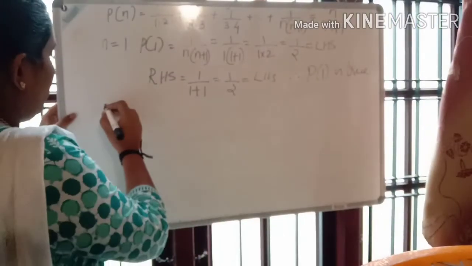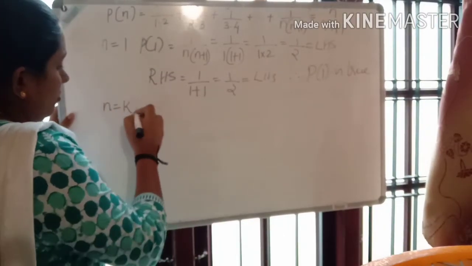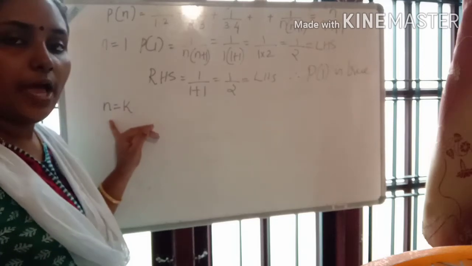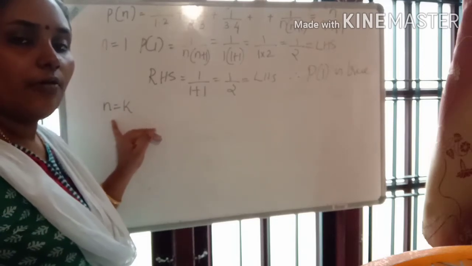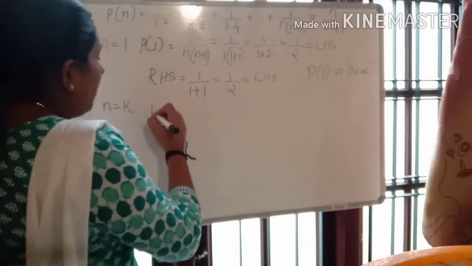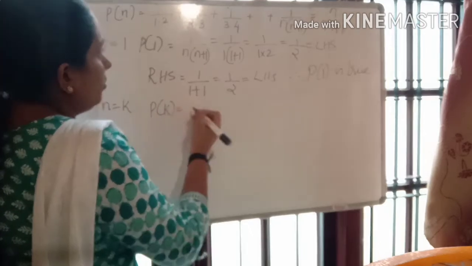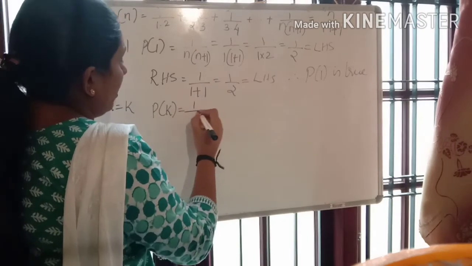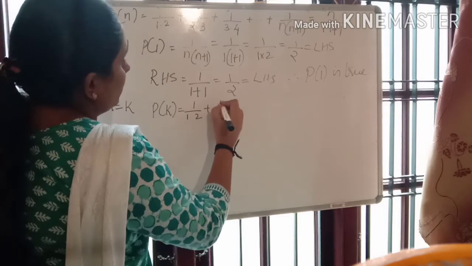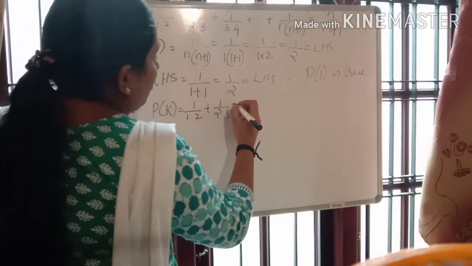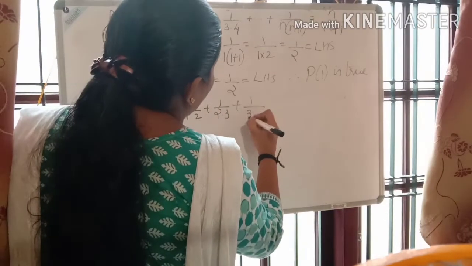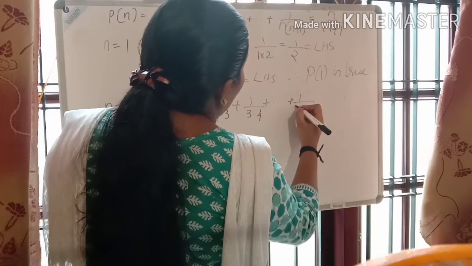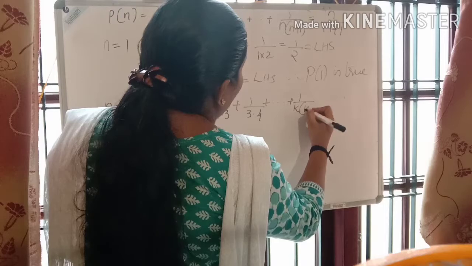Next, we are going to prove P of k is true. For that we give the value of n as k. So, P of k is equal to 1 by 1.2 plus 1 by 2.3 plus 1 by 3 into 4 plus etc. plus 1 by k into k plus 1.